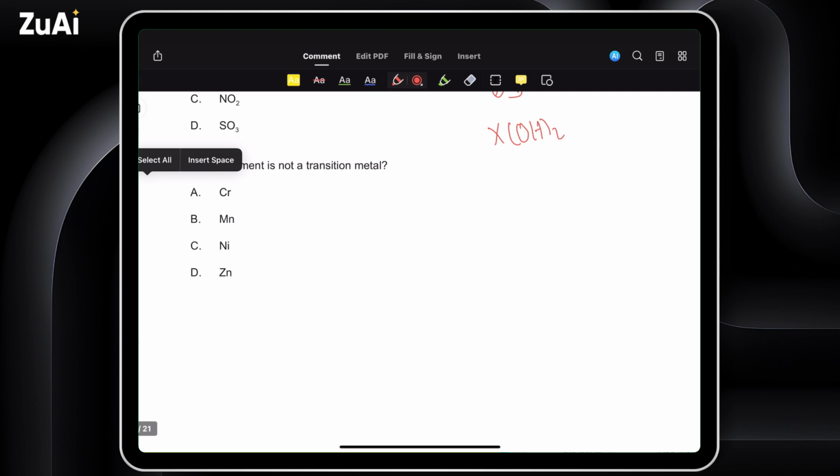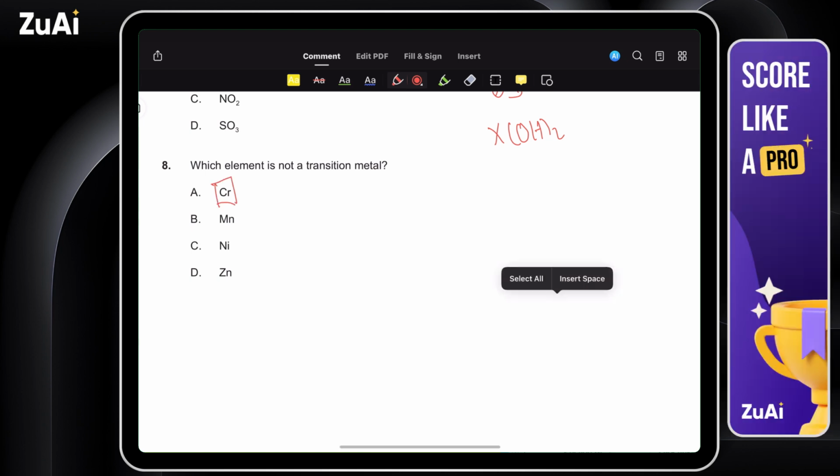Which element is not a transition metal? That's so easy. Why can't we consider the others? Because chromium has colored compounds, it is a typical transition metal. Manganese, nickel. Why is D the answer?